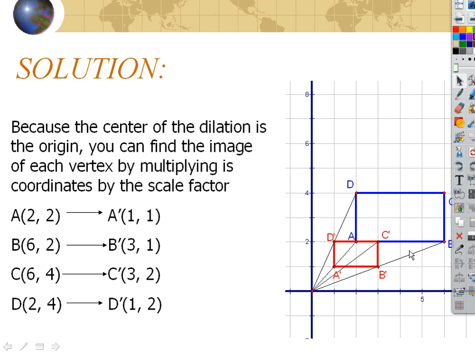So here's the original, right? Let's take, for example, D and D prime. We start off with D. Let's look at one of the vertices. D has the coordinates, it looks like over 2 and up 4, right?